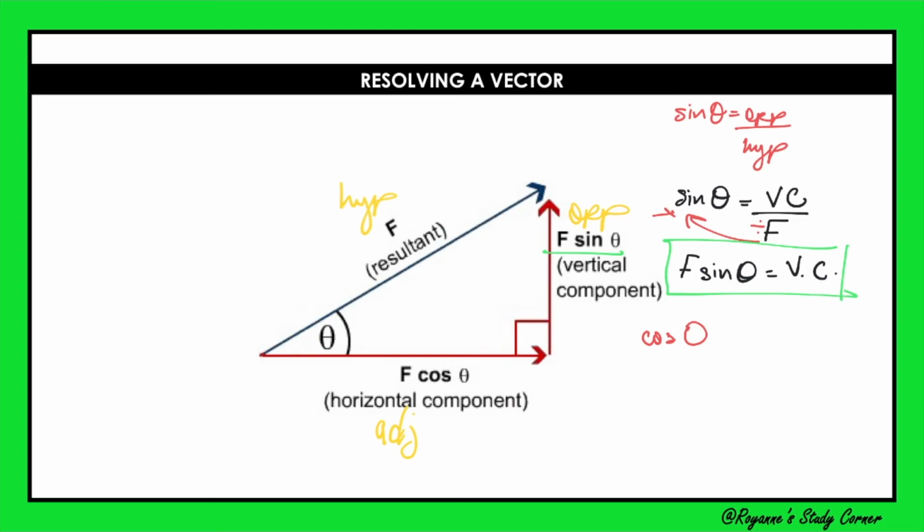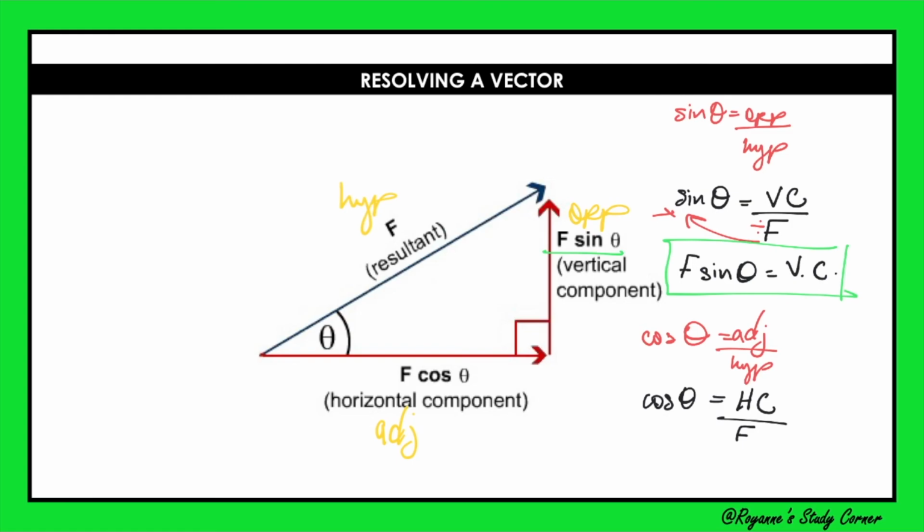Cosine theta, and that is adjacent over hypotenuse. Let's plug what we know in. Cosine theta is equal to adjacent here. I'm going to put HC for horizontal component, and the hypotenuse is our resultant, or F.